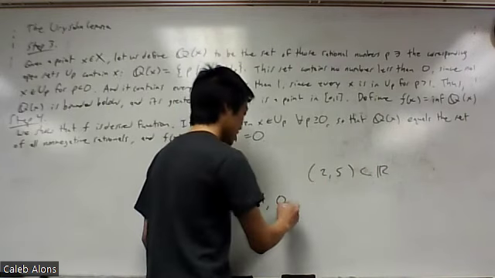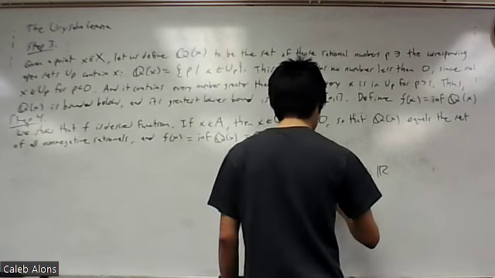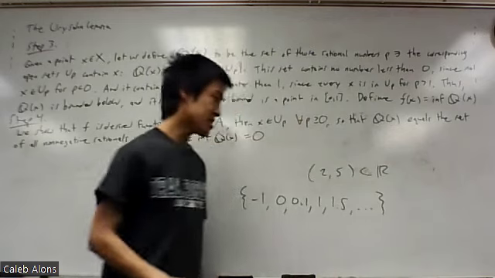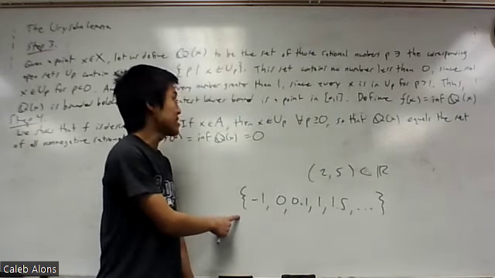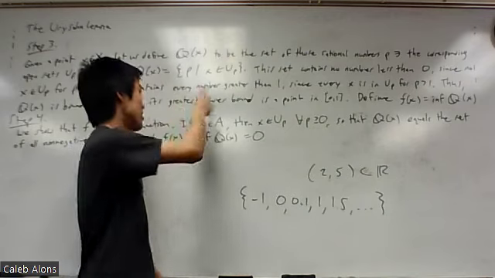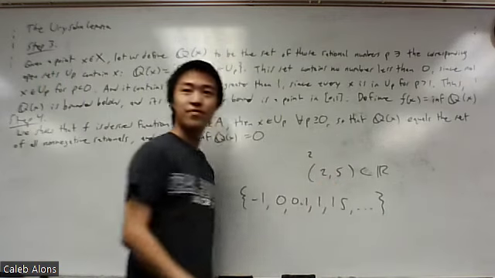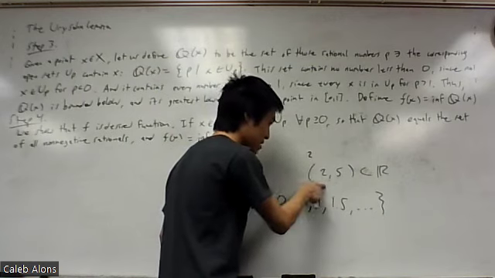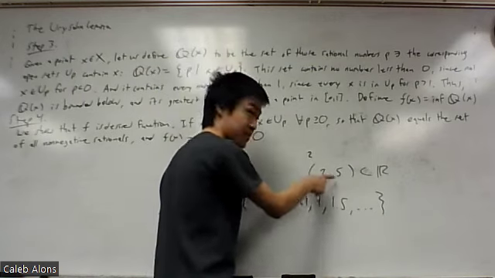But then the real question is, as I continue to collect all these different lower bounds, there's going to be a biggest element in this set. So this is the set of all the lower bounds, and in that set there's a biggest one, the greatest one, and that's going to correspond with 2, right? 2 is still the lowest. 2 is not in this set, but it satisfies being less than.